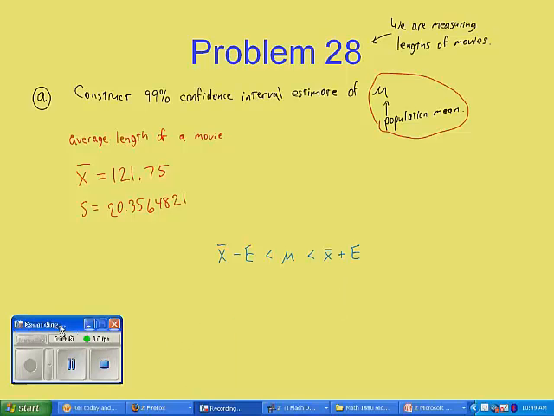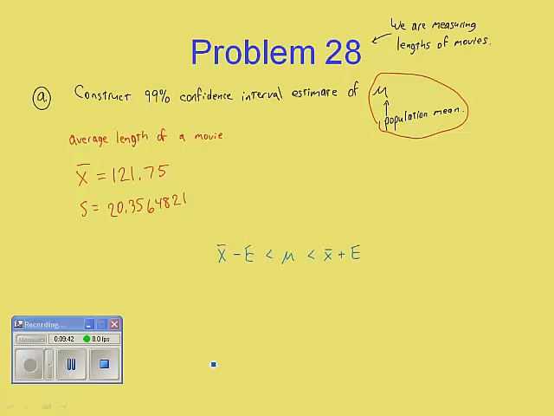So what does it look like? If I plotted the distribution, a T distribution, when I draw it, it looks a lot like a bell curve. I'm just going to draw the same thing.